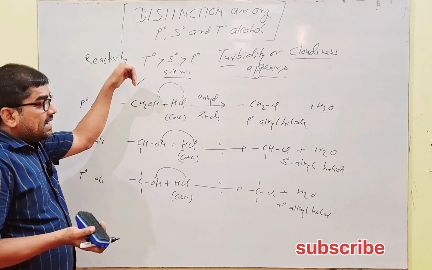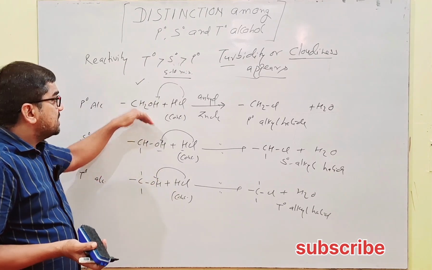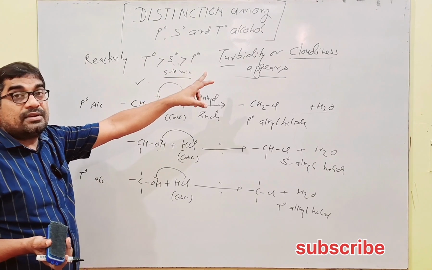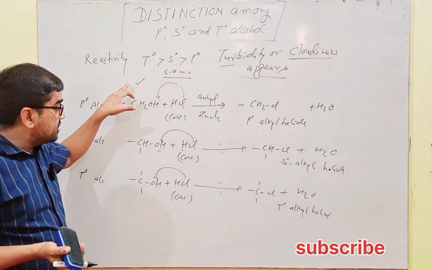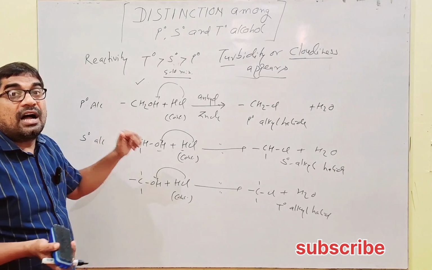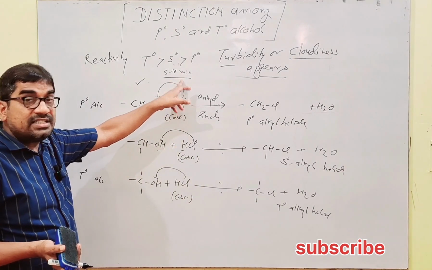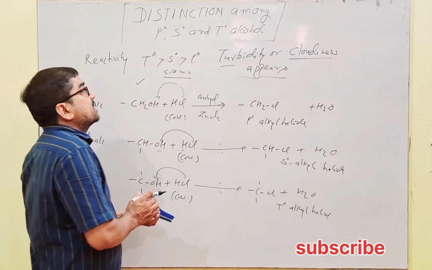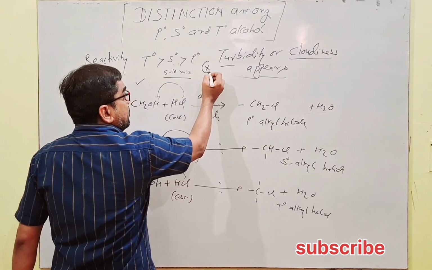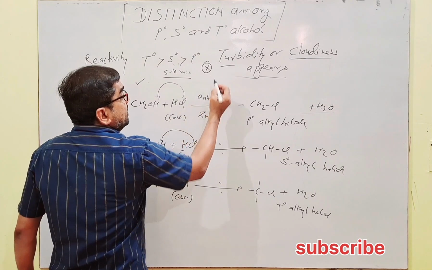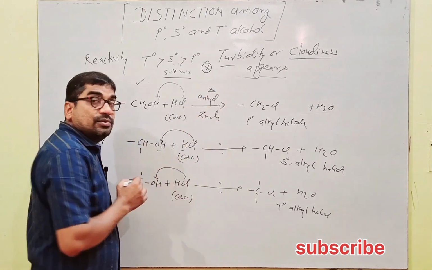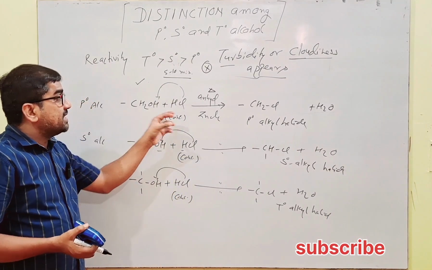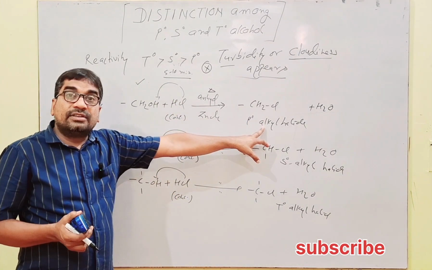So when anhydrous ZnCl2 with concentrated HCl is mixed in a test tube, if there is tertiary alcohol, cloudiness appears immediately at room temperature, and if it appears at room temperature after 5 to 10 minutes, then it is secondary. And in primary alcohols, cloudiness does not appear at room temperature, so it is heated. इसको heat करते हैं. After heating, temperature increases, due to which breaking of bonds takes place and cloudiness appears.